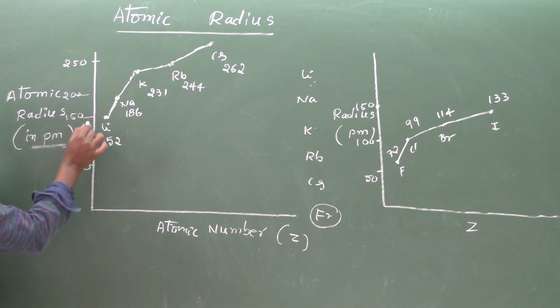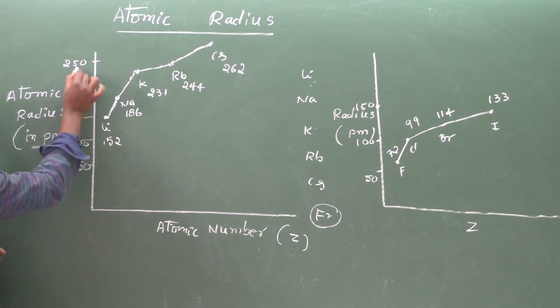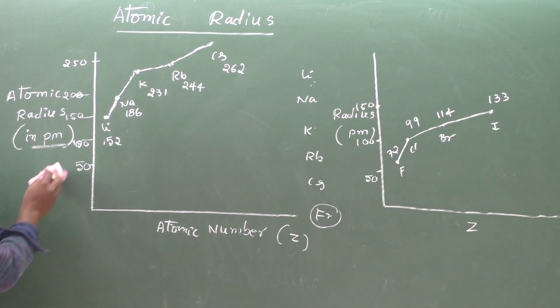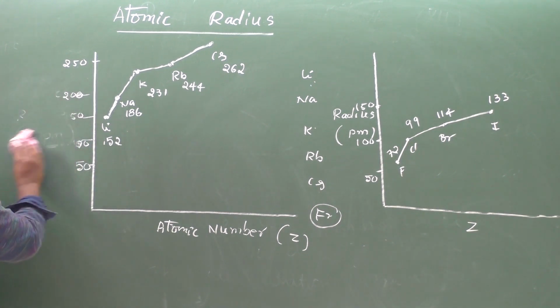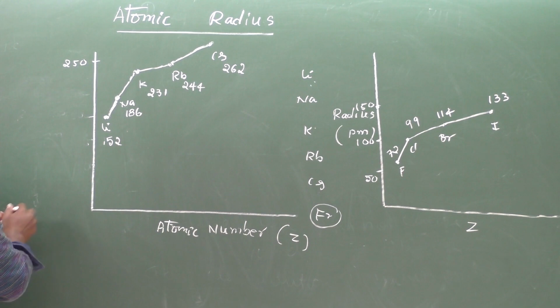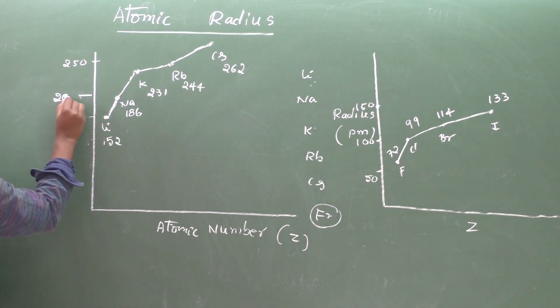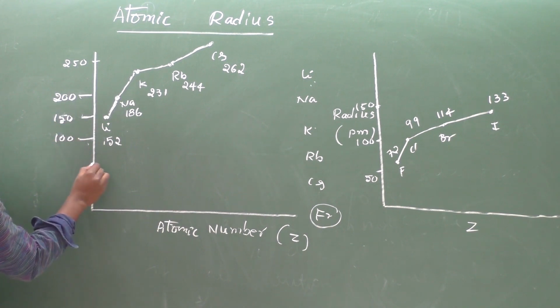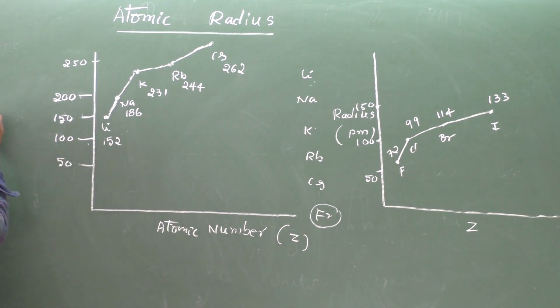Here 50, 100, 150 picometers, 200, 250 picometers. This is atomic radius on one axis, atomic radius in picometers.